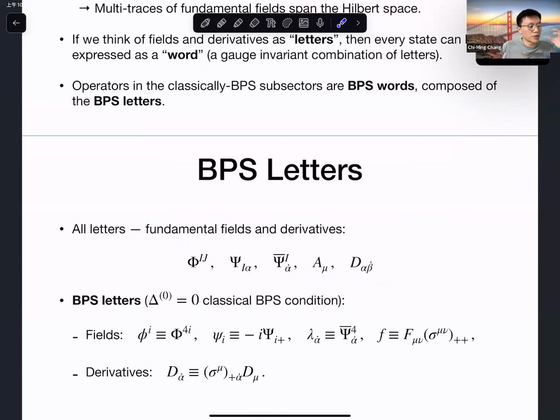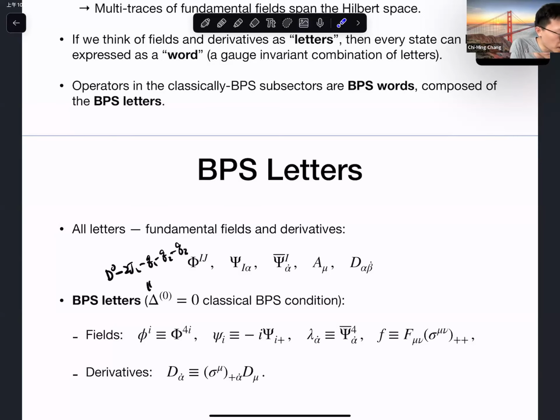Now we would like to restrict to the classically BPS sector. So basically, we impose the condition delta 0 equals 0, that is, D0 minus 2J left minus Q1 minus Q2 minus Q3 equals 0. We require the letters to be classically BPS, and with this we can get rid of a bunch of non-classically BPS letters.